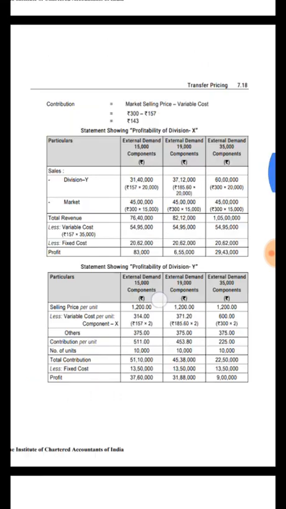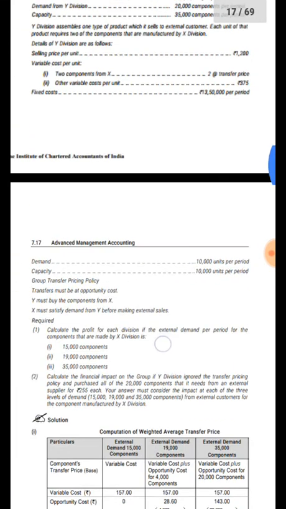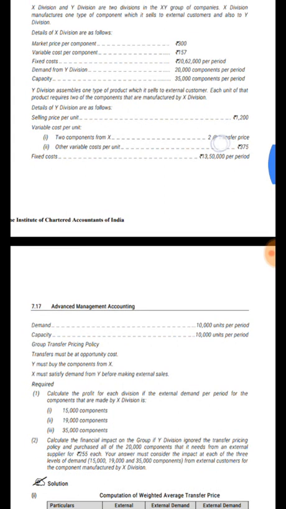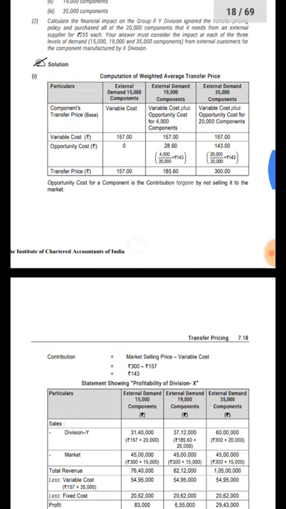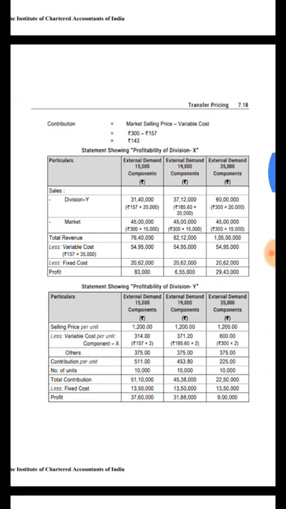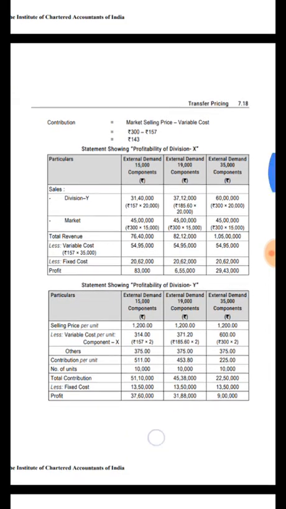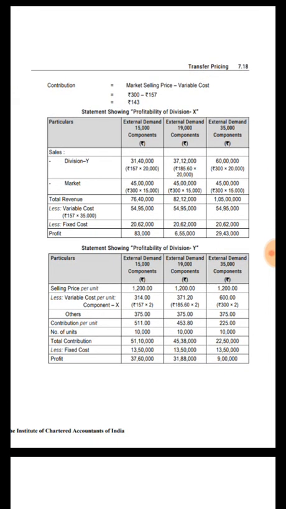Then other than that variable cost for these, see the first one was the transfer price into 2. That's what you've done. Then 375 other than that, so that's what is taken here. 375. So this is the total variable cost.